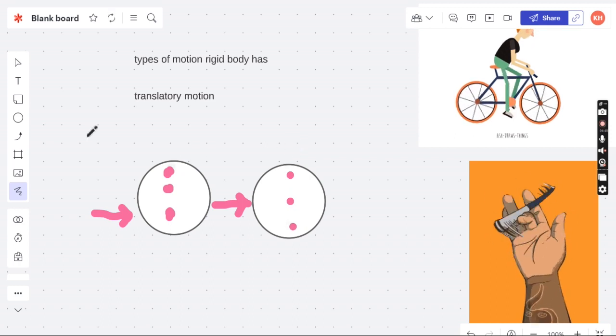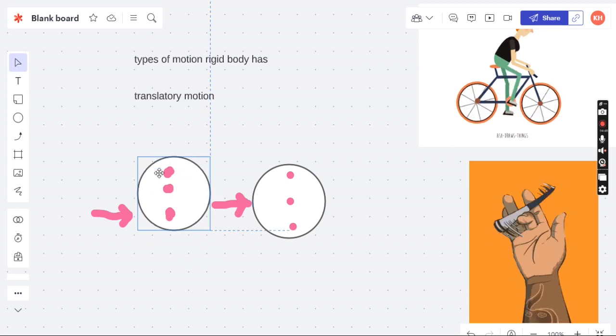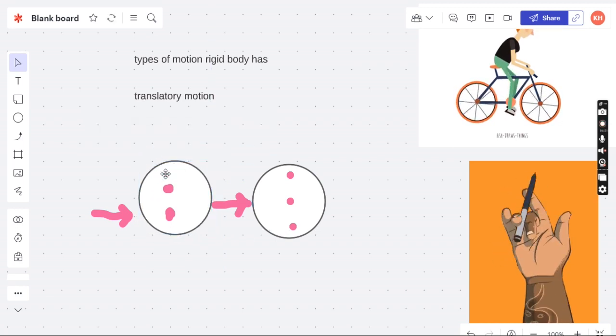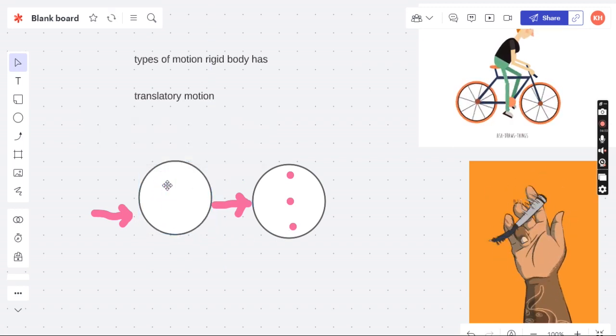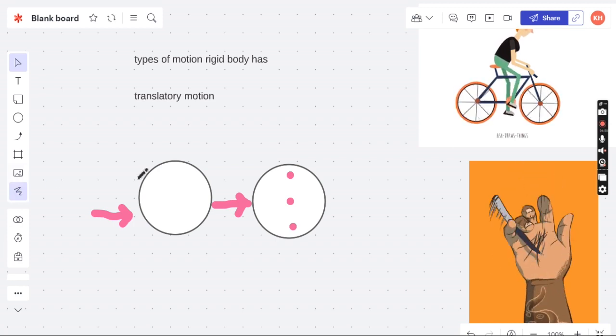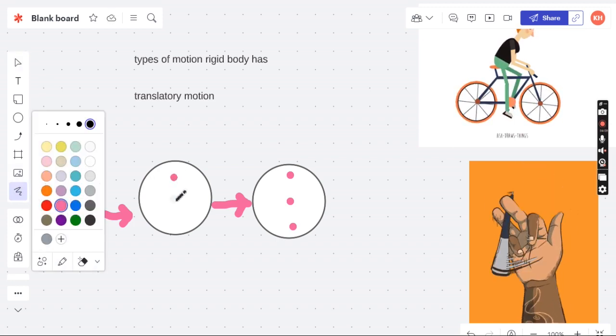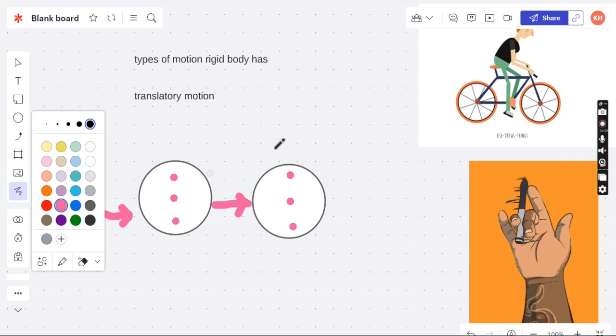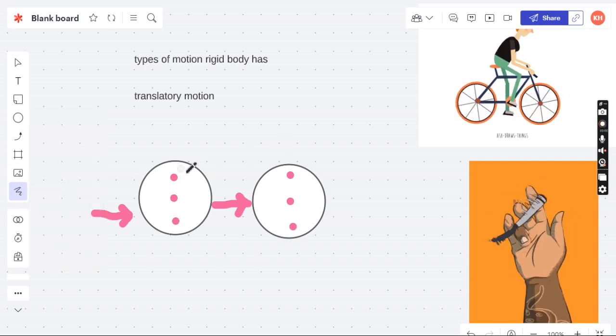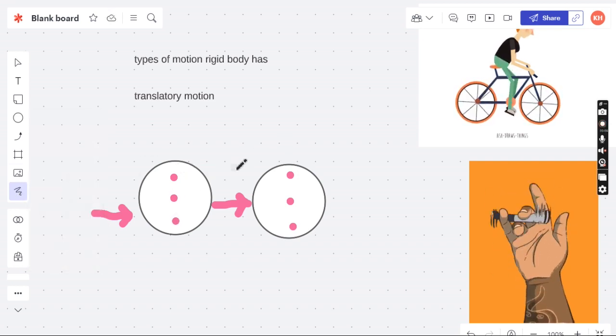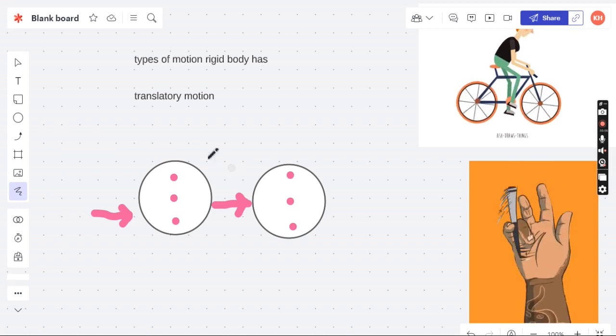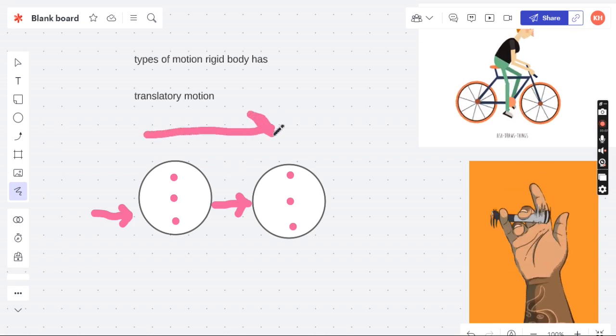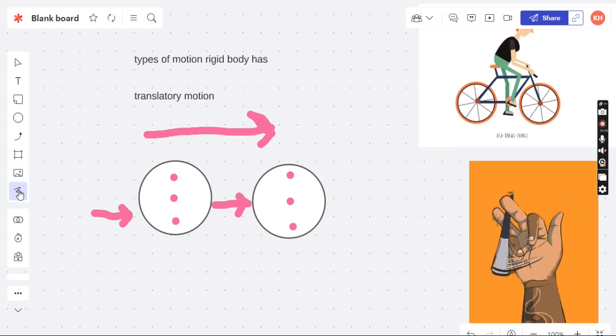What it is trying to explain is that when the different particles of a body move under the same displacement, which means in the forward direction, it is said to be translated displacement.